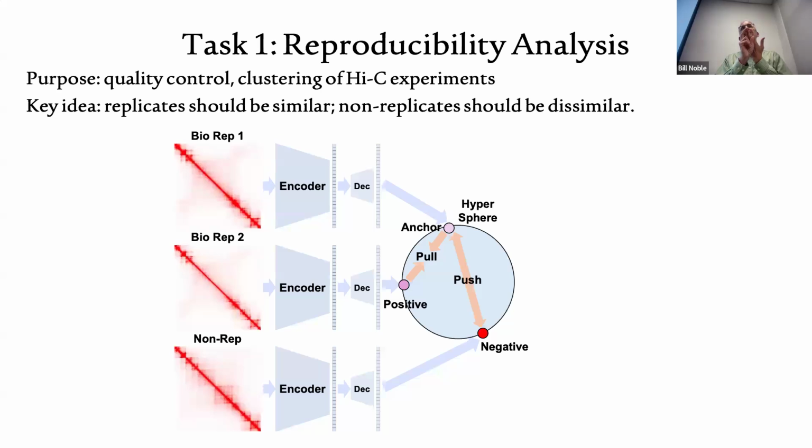And you want it to be the case that in the embedded space that this model is producing, the replicates are close together and the non-replicates are far apart. To the extent that they're not close enough for the replicates or not far apart enough for the non-replicates, you push or pull them apart, put them together, using the optimization strategy.